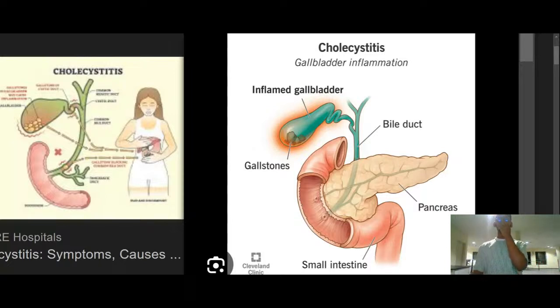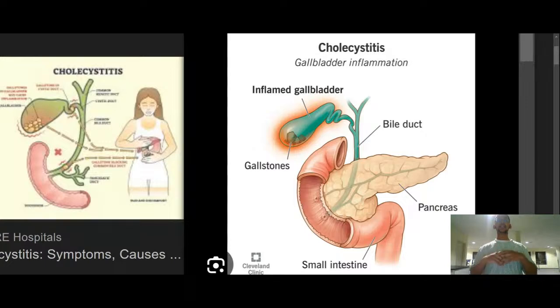So gallstones don't always cause cholecystitis, but cholecystitis is definitely what we think of when the patient presents with right upper quadrant pain, they may or may not be jaundiced, usually after a fatty meal.